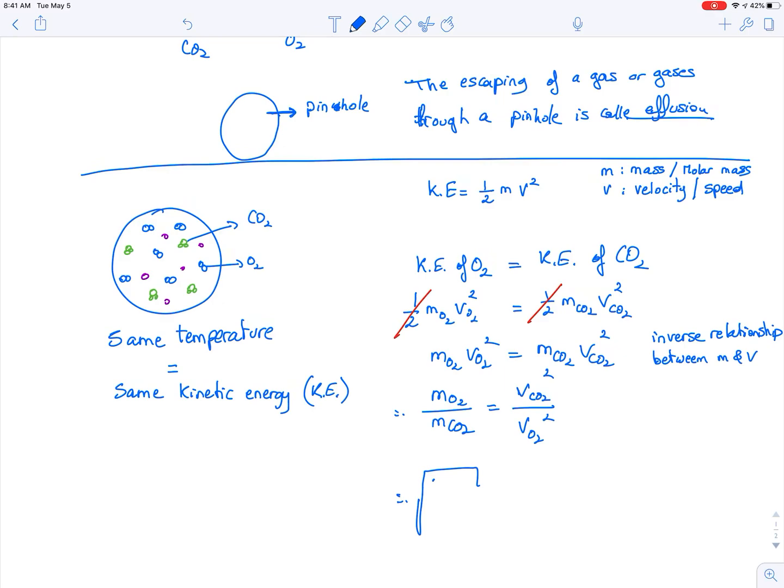We actually basically square everything here. So when you square everything, the squares here go away, right? And then this becomes a square root. So you get here the square root of the molar mass of oxygen over the molar mass of CO2 is equal to the velocity of CO2 over the velocity of oxygen.